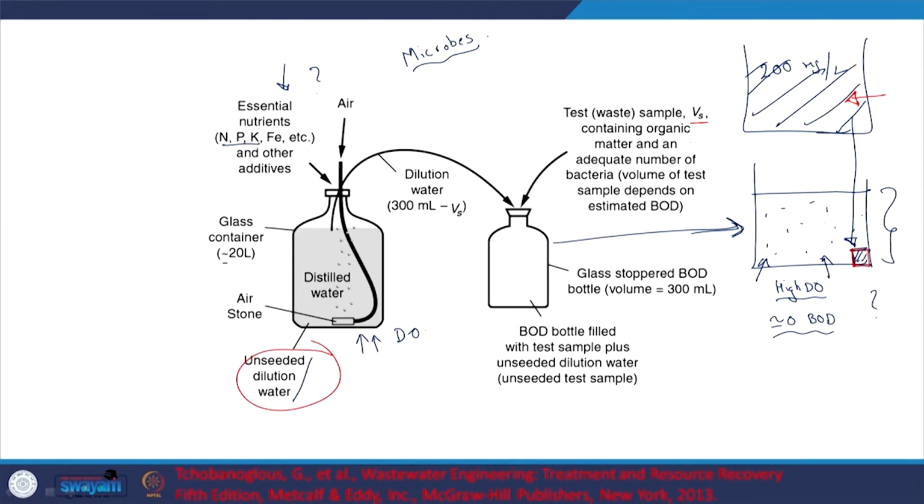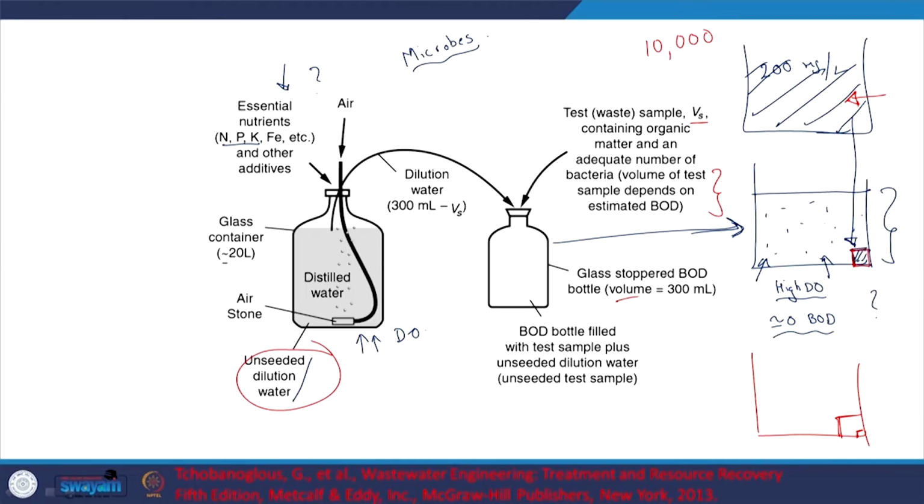This high strength wastewater having adequate number of bacteria is added. Volume obviously depends on the estimated BOD. For example, if the BOD is estimated to be 10,000, I am going to add much less, right. If the BOD is estimated to be, let us say, 200 milligram per liter, relatively higher. Again, we will look at a particular calculation, it should be clearer then.